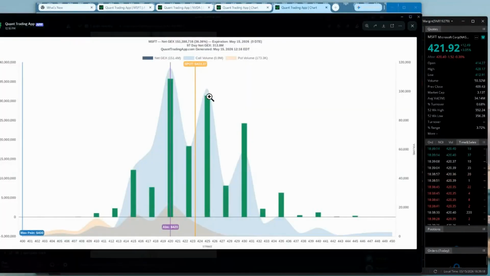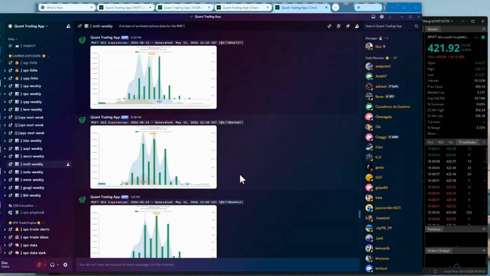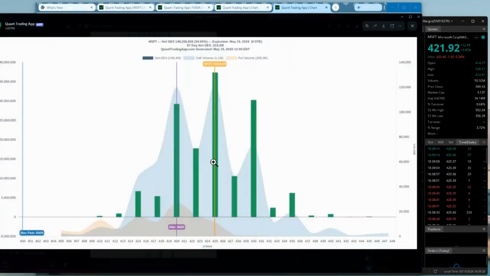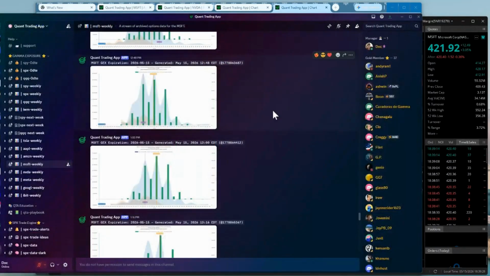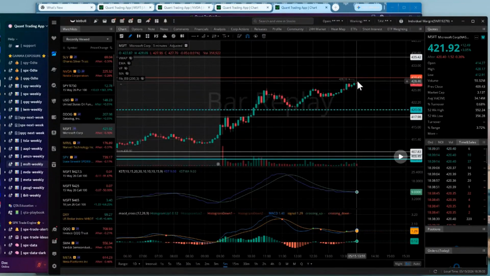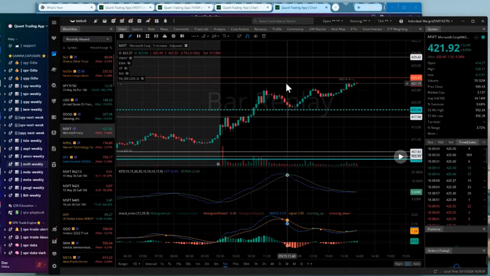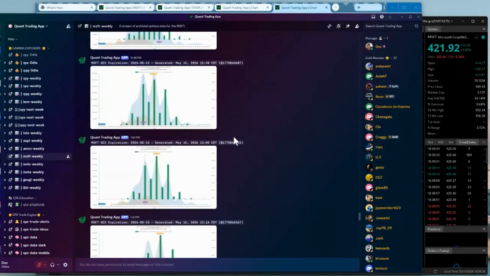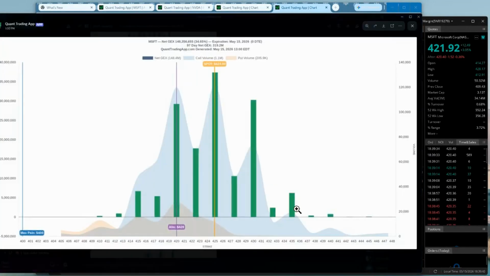425 is now super call volume heavy, and 430 is an area of high GEX and high volume. This more GEX at 430, it didn't want to go away, right? Although we're not going to look beyond 430 like we did at 425. And why is that? Because it looks, even here, this was the same height as 430 was in the beginning.